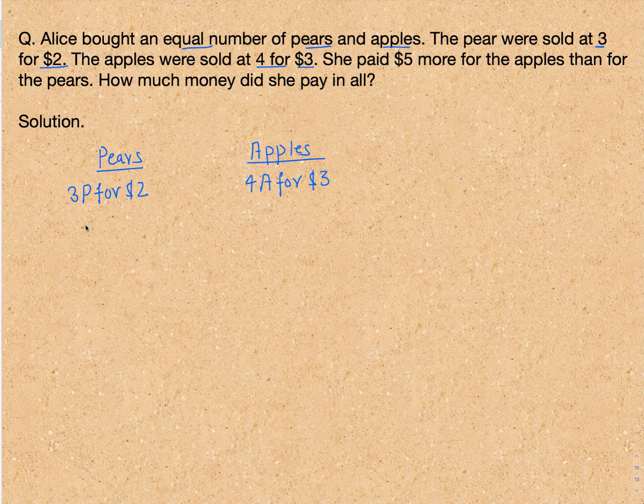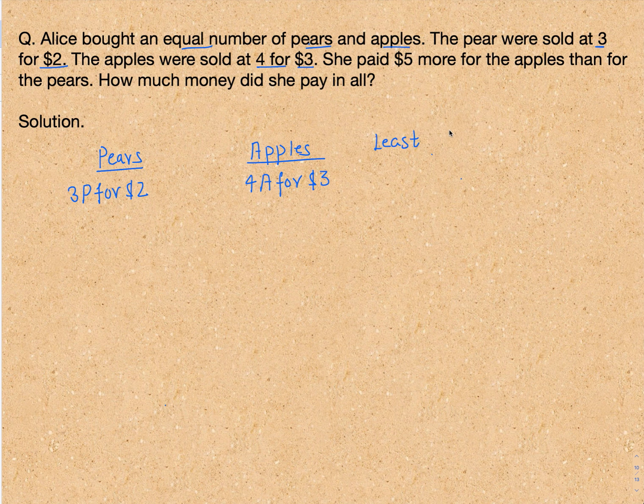Since the pears are sold in groups of 3 and apples only in groups of 4, and she bought an equal number of pears and apples, the question is, what is the minimum number she has bought? How do we find it? We can find it by finding the least common multiple of 3 and 4.